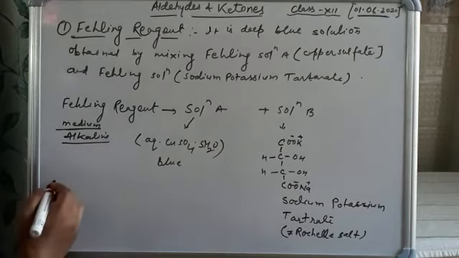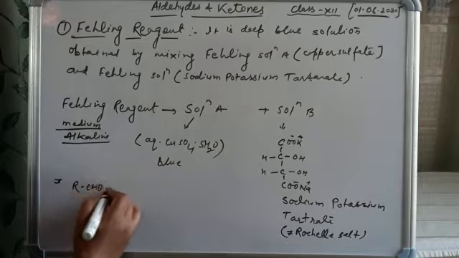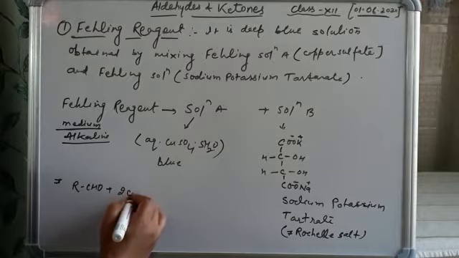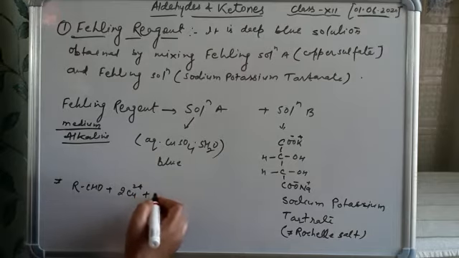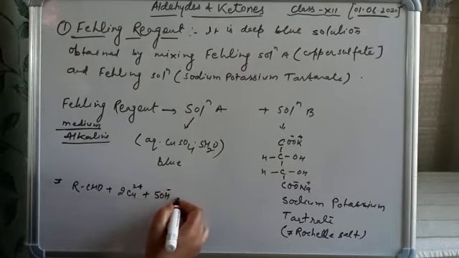What are the equations involved? Write down the equation. When aldehyde is treated with Fehling solution A and B, at first Fehling solution A and B mix together to form a deep blue solution in an alkaline medium.